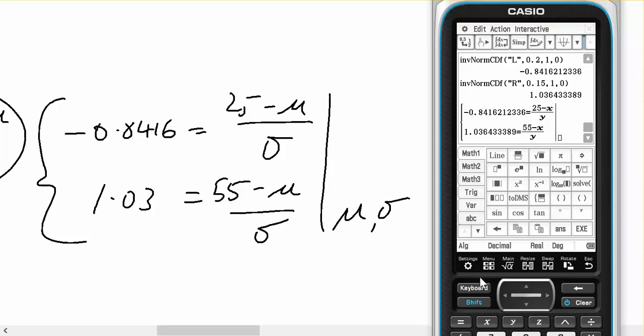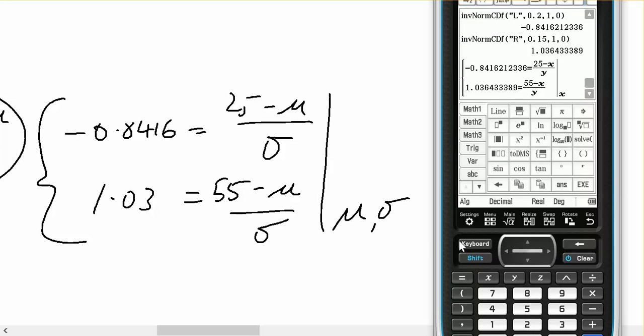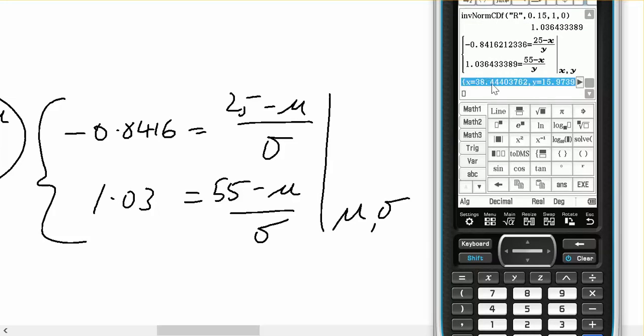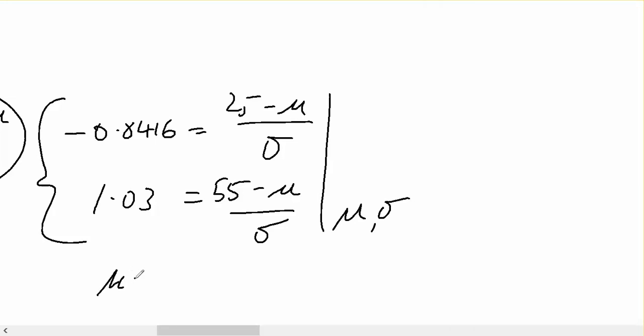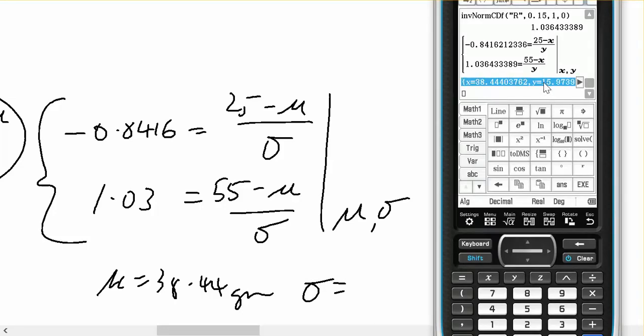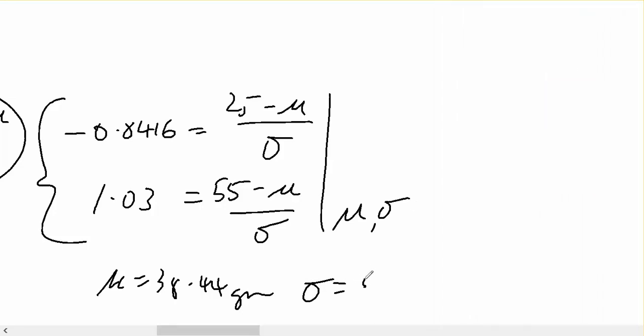I'm going to solve that for x comma y, and that gives me a mean of 38.44 grams and a standard deviation of 15.97 grams.